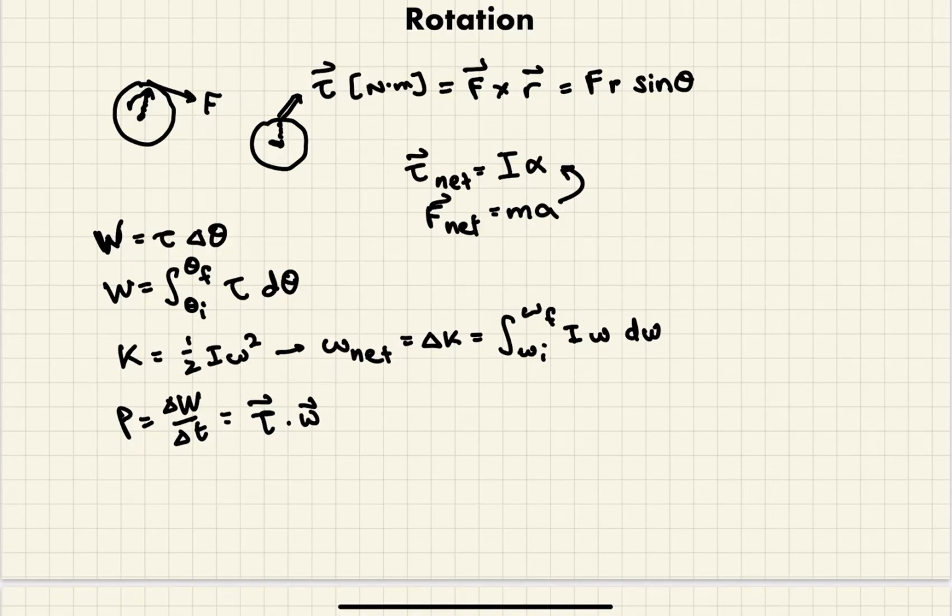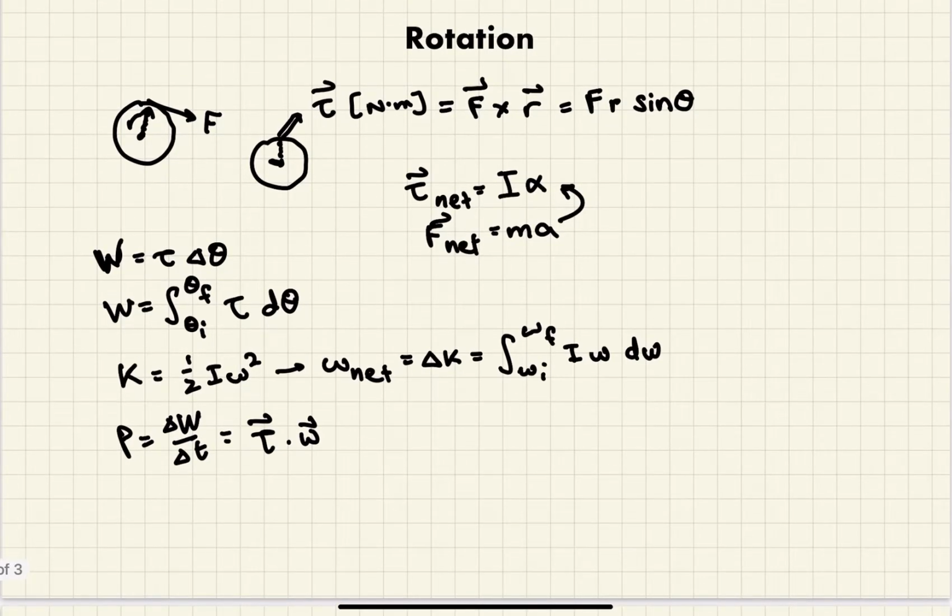All right. Now you can use this to solve motion problems. A lot of motion problems, once you get to this part of the unit, can be simplified with the use of energy, like conservation of energy. One example is rolling down an incline.